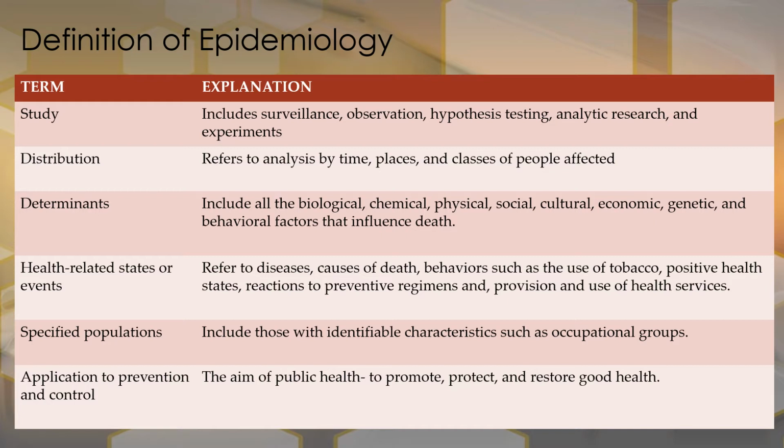Is there a relationship between your workplace and your exposure to specific chemicals, and the kind of health issues that you will be facing in the future or are facing currently? What about the social, cultural? So these are what we call determinants.